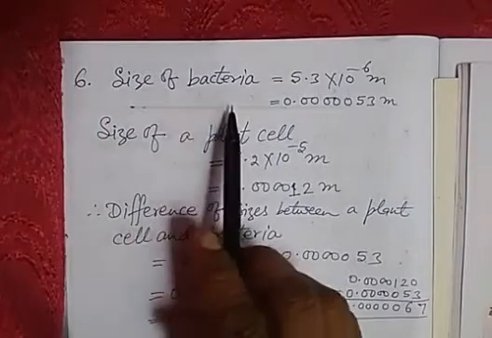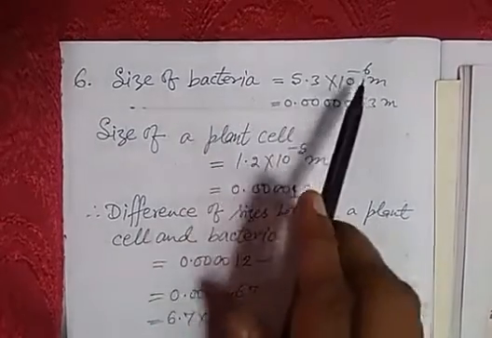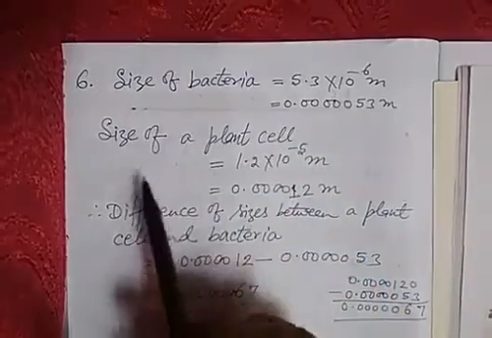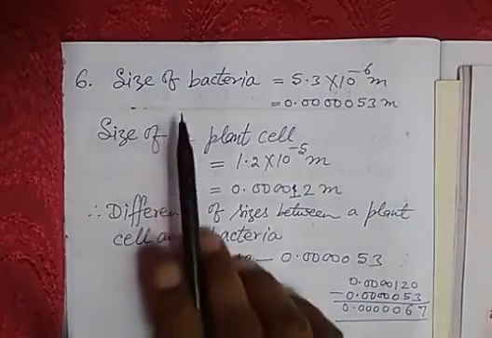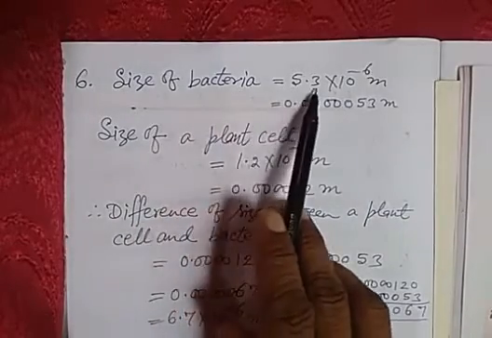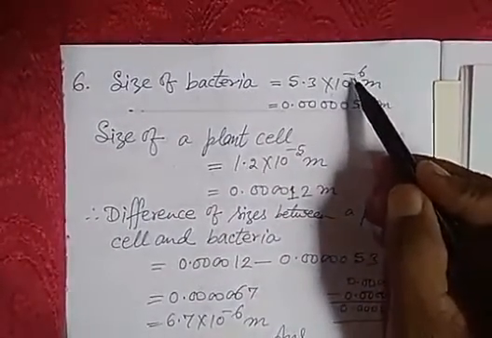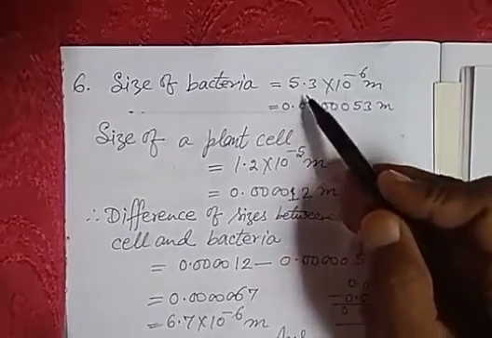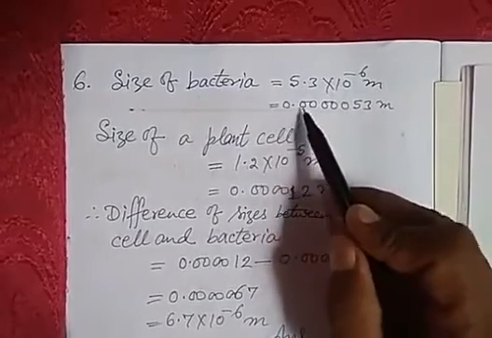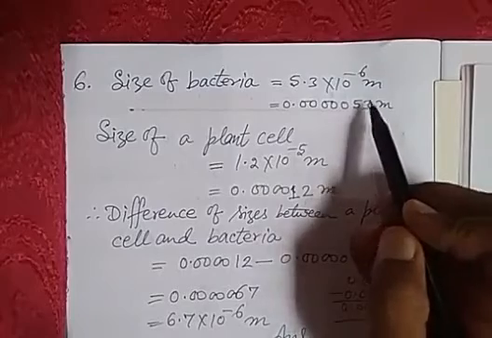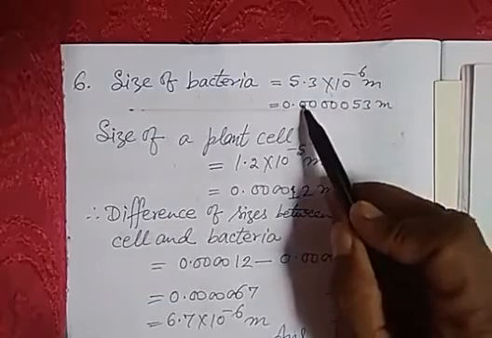Now question number 6. In this question, the size of a bacteria is 5.3 into 10 to the power minus 6 meter and that of a plant cell is 1.2 into 10 to the power minus 5 meter. We have to find the difference between their sizes. Size of bacteria is 5.3 into 10 to the power minus 6 meter; the sign is negative, therefore we shift the decimal to the left: 0.0000053, power 6, 1, 2, 3, 4, 5, 6.